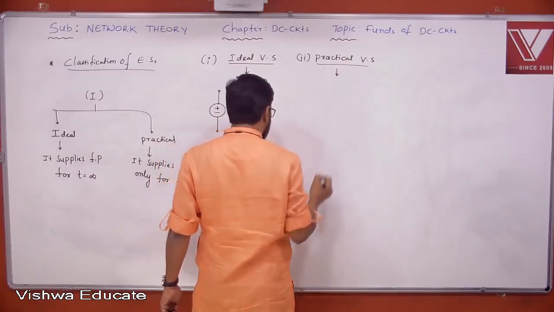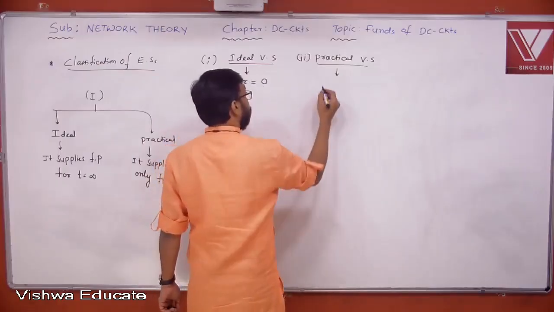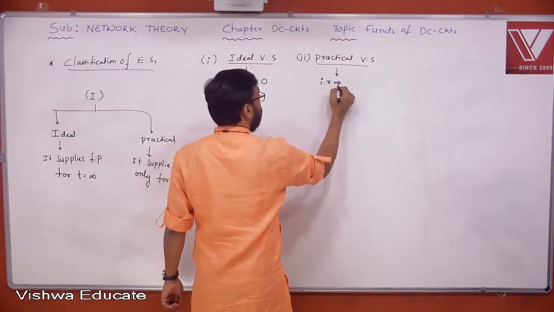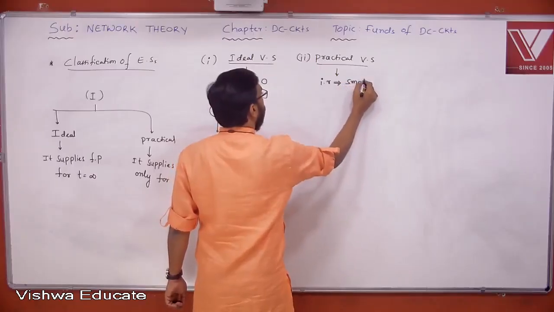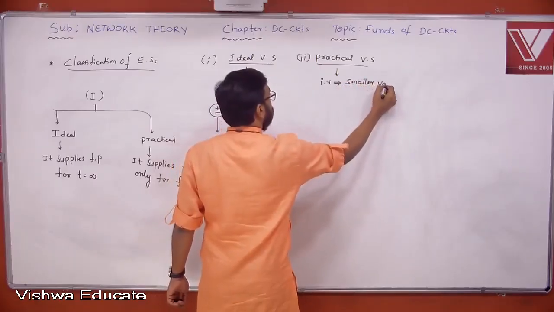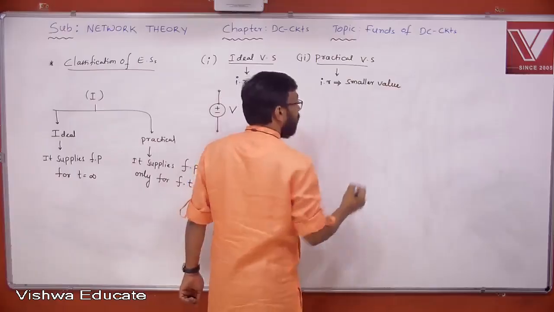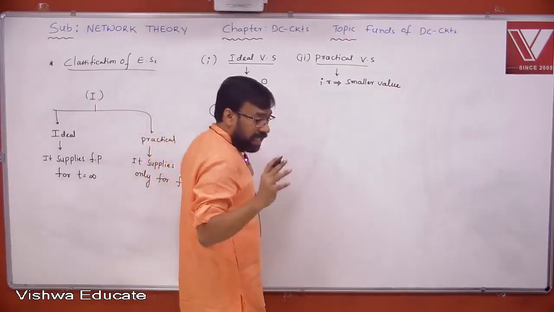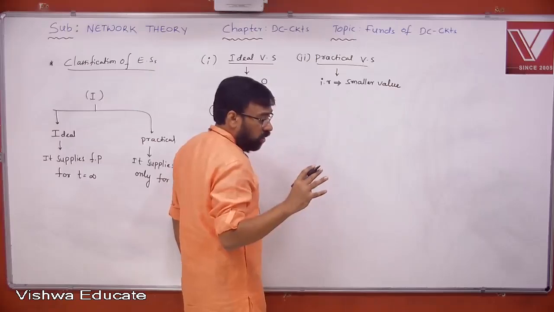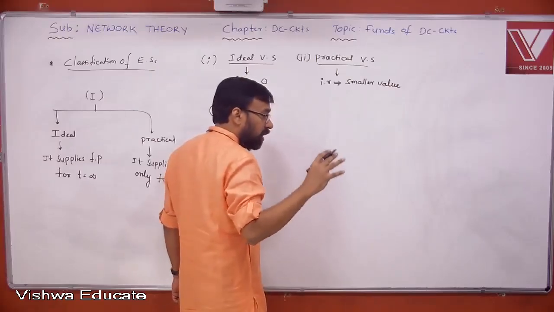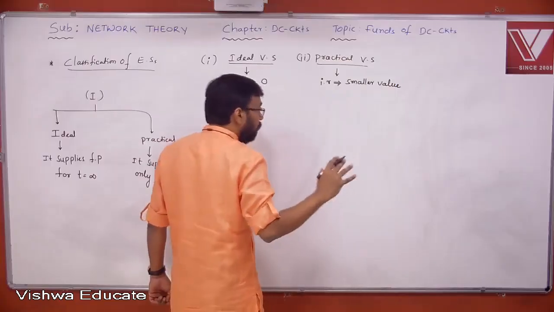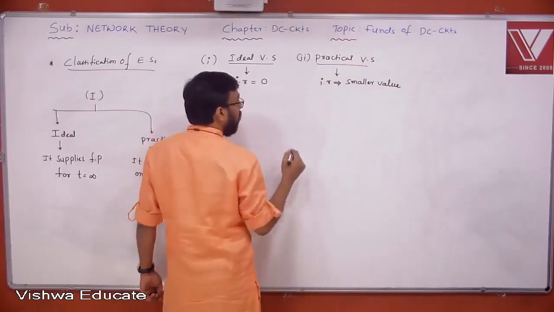It supplies finite power only for finite time, and its internal resistance is a smaller value. When you design the voltage source, you must design it with the internal resistance as small as possible. I'll tell you the reason for that.